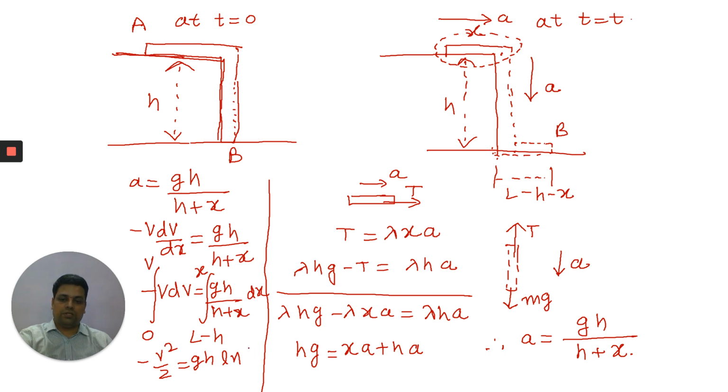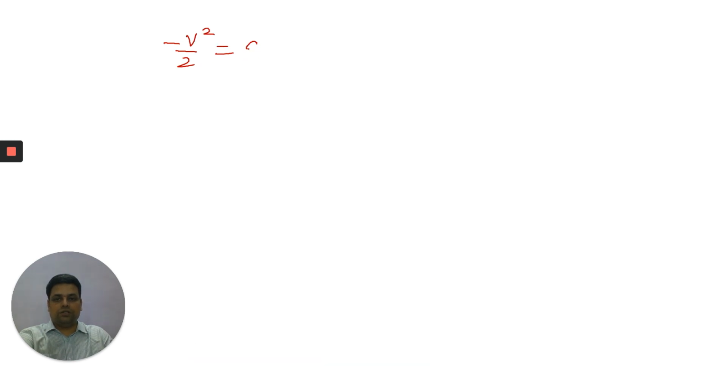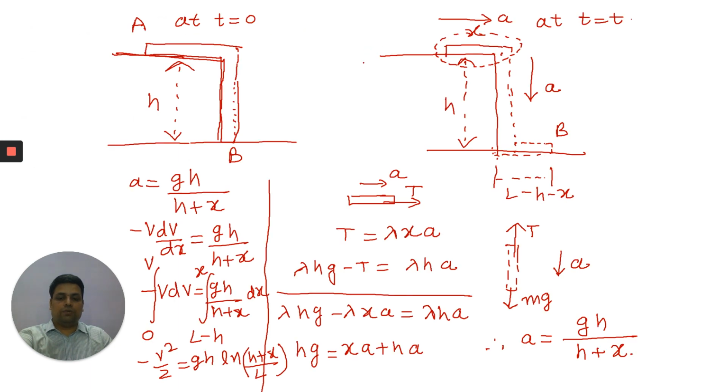With x as the upper limit, we have h plus x divided by the lower limit. In place of x, I put L minus h, so I have L in the denominator. So minus v square by 2 equals g h times the logarithm of h plus x by L.